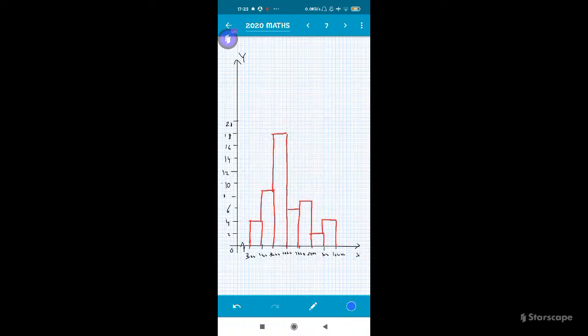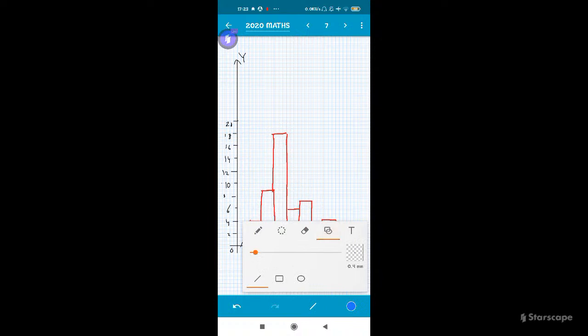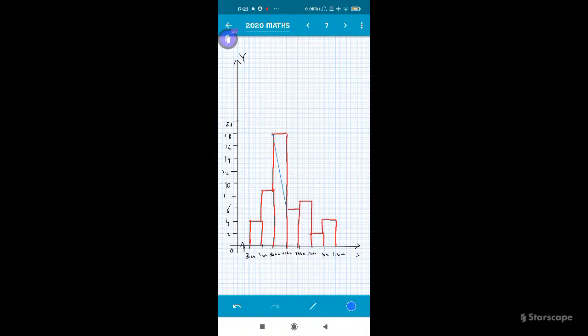We know one thing. From the bar which is of the longest length, we have to make a line from one vertex to the vertex where the next bar is crossing. We are going to make a line like that.